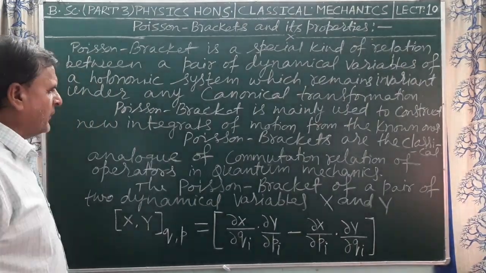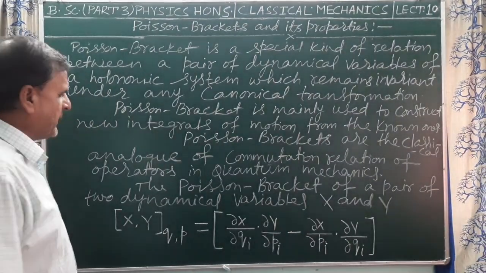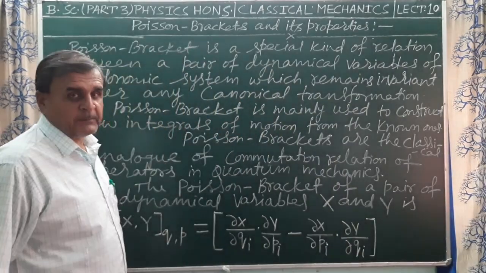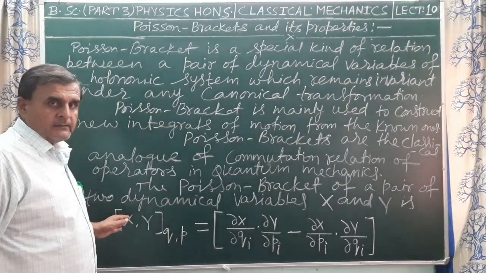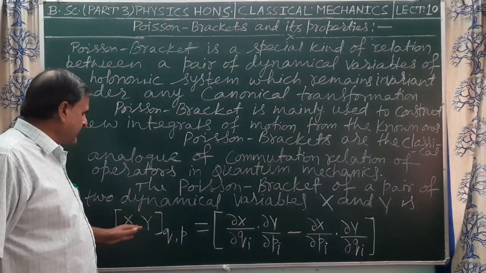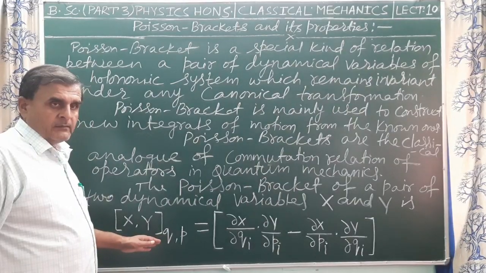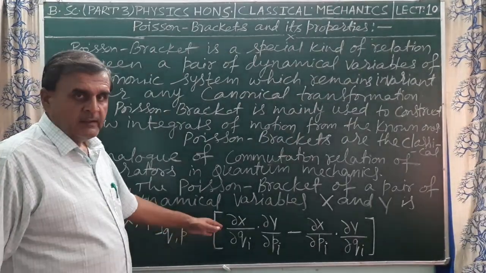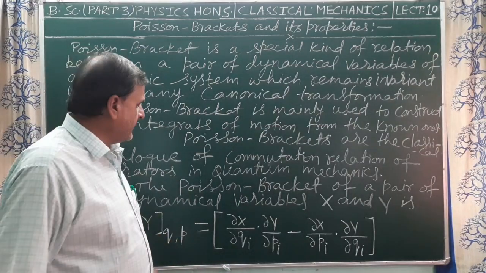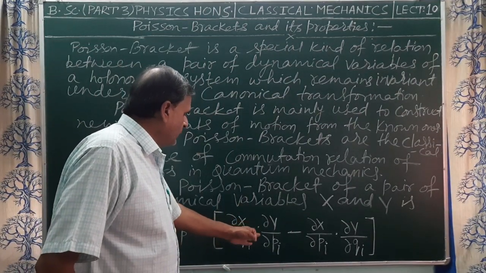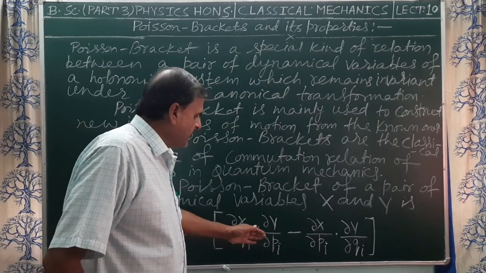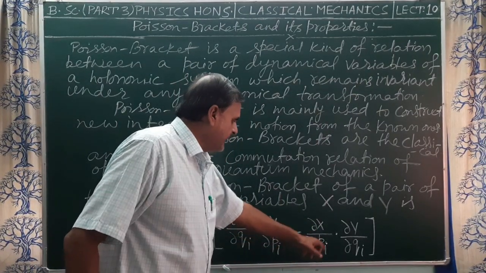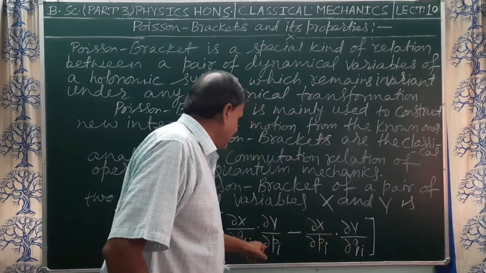So the Poisson bracket of a pair of two dynamical variables capital X and capital Y is mathematically expressed as the square bracket [X, Y], which are functions of position q and momentum p, equals, under the square bracket which is the symbol of Poisson bracket, ∂X/∂qi into ∂Y/∂pi in the first term, and the second term of this Poisson bracket is minus ∂X/∂pi in place of ∂qi, into ∂Y/∂qi in place of ∂pi.